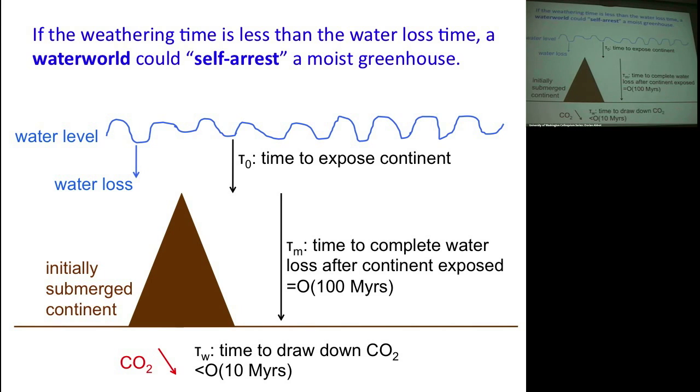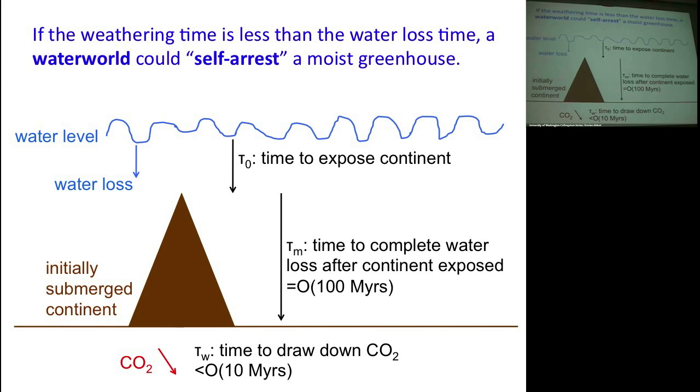Whereas the weathering feedbacks, we have reason to believe that they happen more like on a scale of 10 million years. And there are some things that could mess this up and make it take longer. But it's reasonable to believe that at least on some planets, you could have a short time scale to draw down CO2.